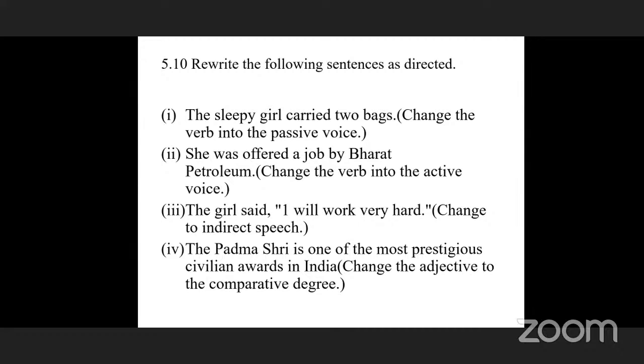Next, the same news has been heard by the people of Sri Lanka. Sri Lankan people say, Ravana was killed by Rama. The same sentence, the meaning is the same, but they give the priority to Ravana because Ravana belongs to them.